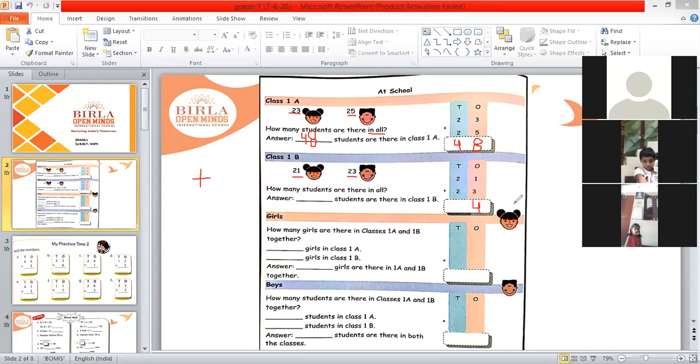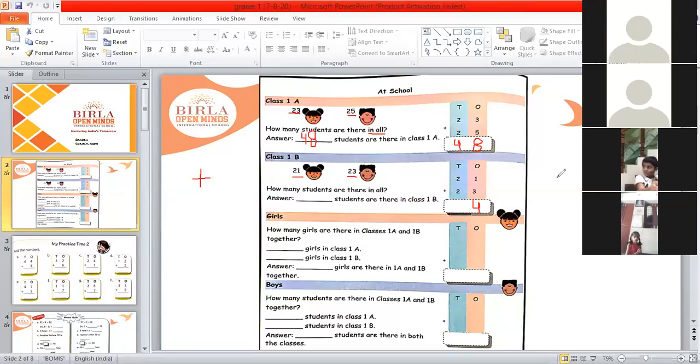Advait, you tell me, in the tens place 2 plus 2 how much? Tell me the answer, Advait. Start counting after 2 and you have to count 2 more. Forward counting. Take out 2 fingers.